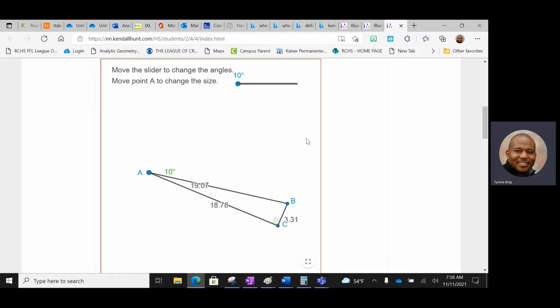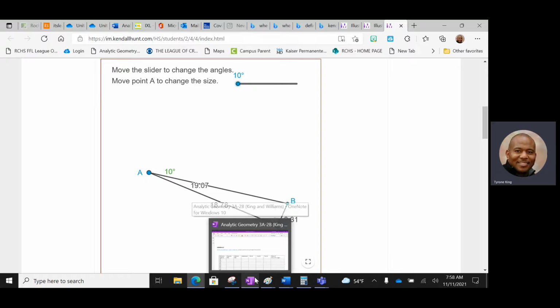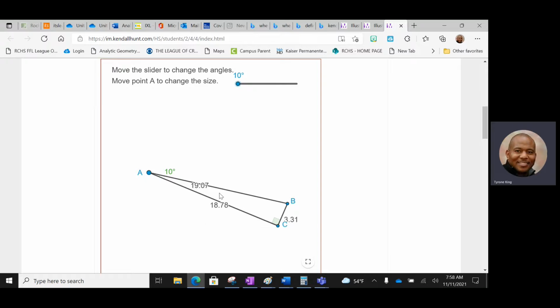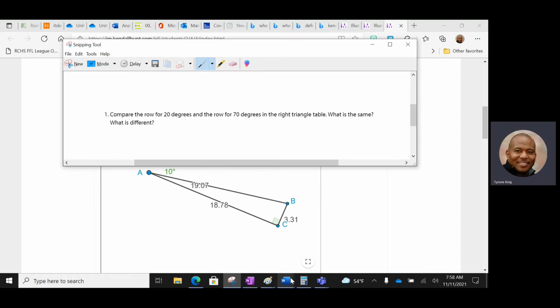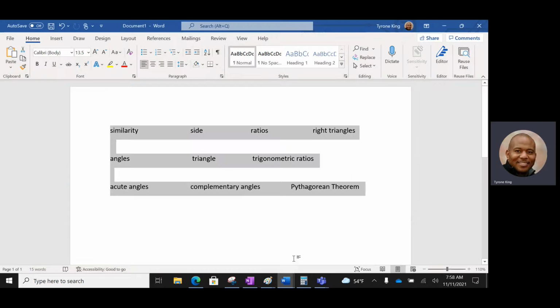So what I would need to do on my table is, for 10 degrees, label the opposite, adjacent, and hypotenuse. My opposite is 3.31, my adjacent is 8.78, and my hypotenuse is 19.07. So I go ahead and enter that on my table.